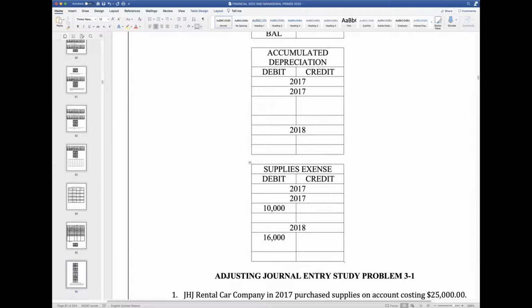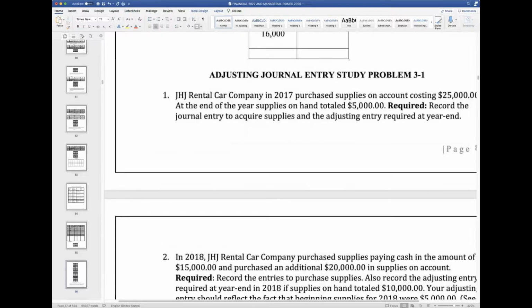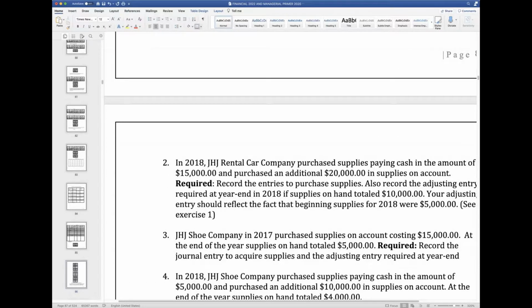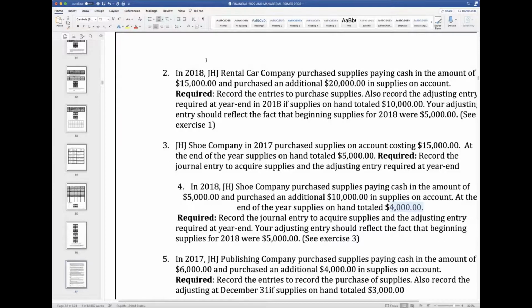Where did 4,000 come from? In the problem, they told us that you have 4,000 on hand. Okay, I got it.